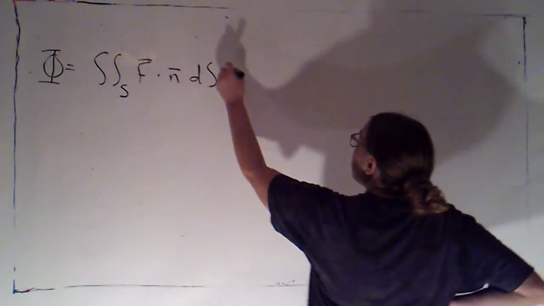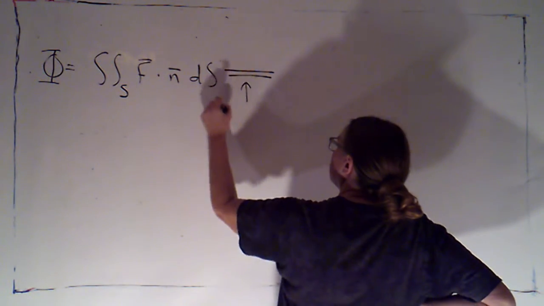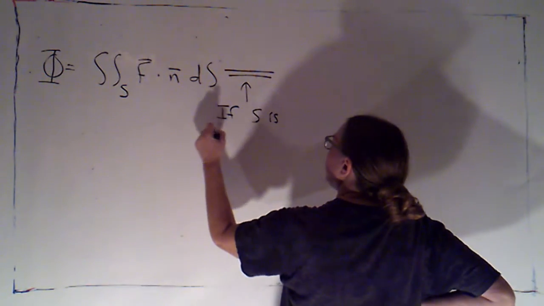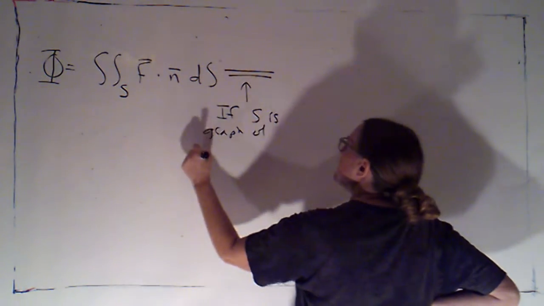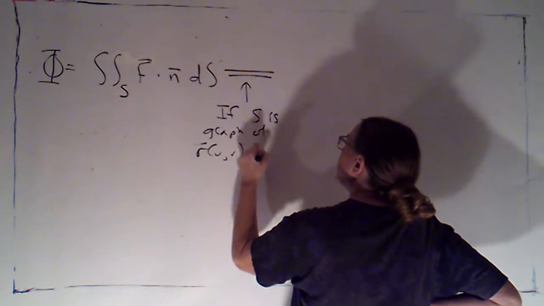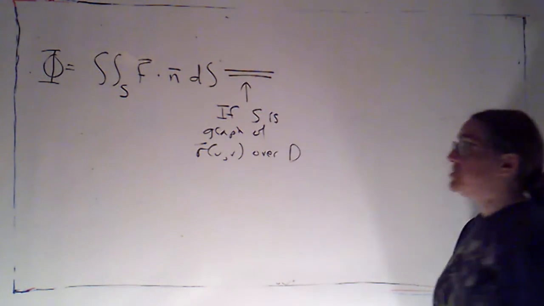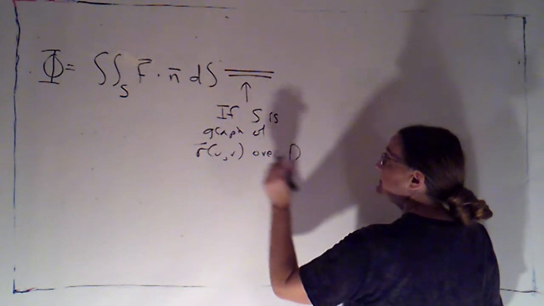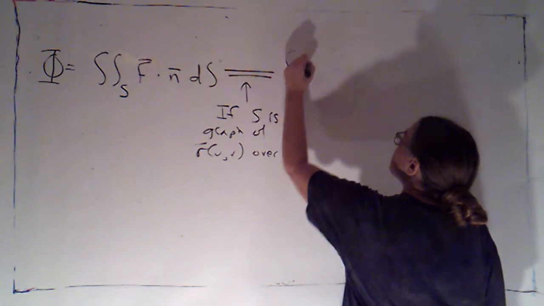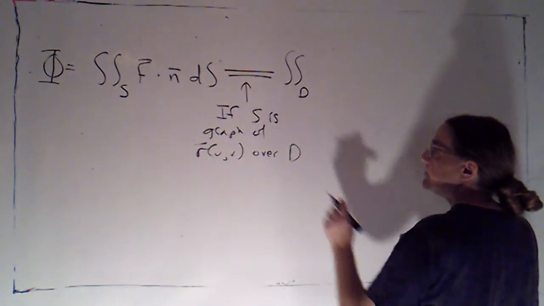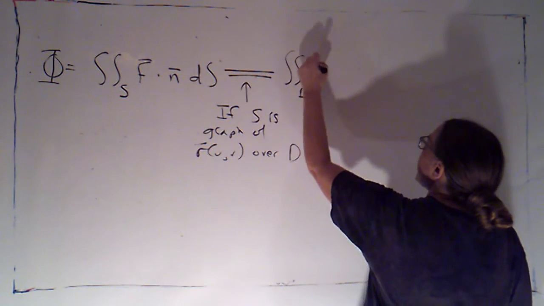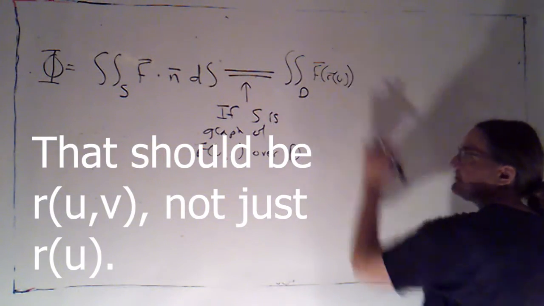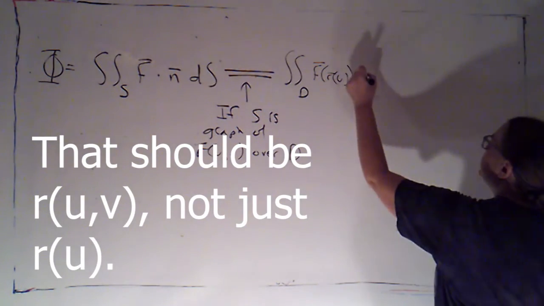Now, if S is the graph of r(u,v) over some region D, I can parameterize things, so I can rewrite this as the double integral over D. I would simply write f as f of r(u,v), so I'd use a function composition as normal.